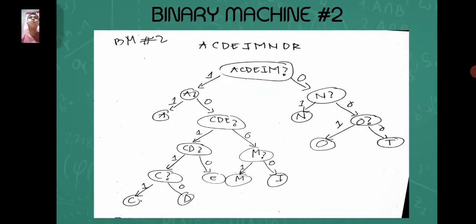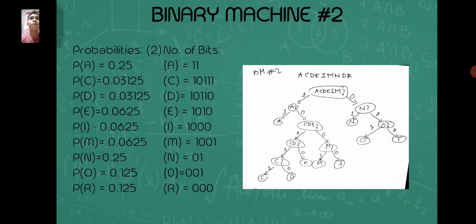So for binary machine number 2, same as the first machine, here we will also find the number of bits and get its probability using the same formula, 2 raised to negative n. For A, the bits are 1, 1, and its probability is 0.25.